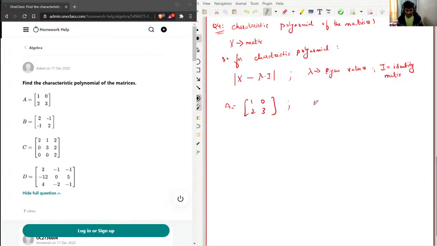First I will write the A matrix, then I will subtract it from lambda times the I matrix, and I'll take the determinant of this whole thing. Now I'm going to write this. So my A matrix is 1, 0, 2, 3 minus lambda times, so my I matrix will be of 2 cross 2, so this will be 1. Here I will have 1, and here 0 and 0, and definitely I'm going to take a determinant of this thing.